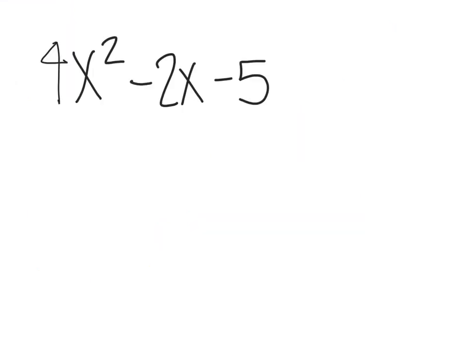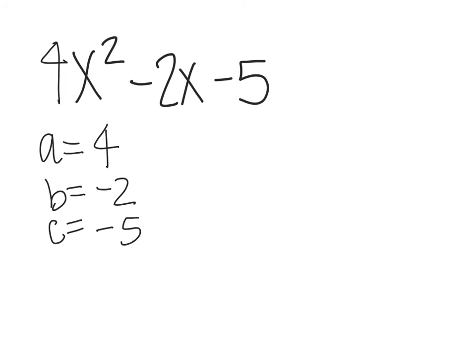All right, our next problem says 4x squared minus 2x minus 5. And again, we're going to determine how many solutions there are. So we're going to find the discriminant using a, b, and c. A is the number in front of x squared, which is 4. B is the number in front of x, which is negative 2. C is the number by itself, which is negative 5. My discriminant formula is b squared minus 4ac, so I'm just going to plug in the numbers that I have.